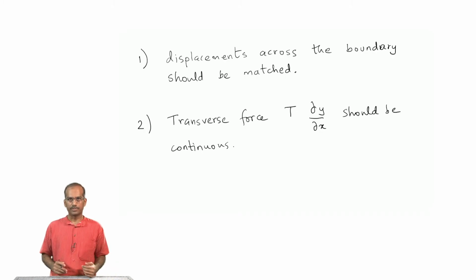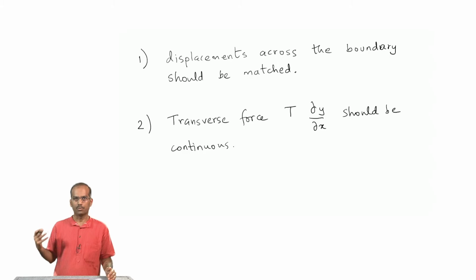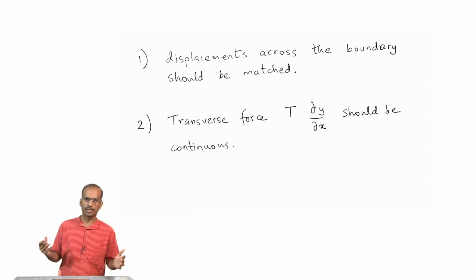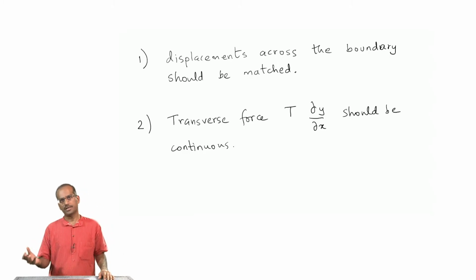At the boundary we said that there has to be a matching of the displacements. In other words, the displacements to the left side and to the right side of the boundary at x equal to 0 should be precisely matched. In other words, the displacements must be continuous. Again, you can see why it has to be so, purely from physical considerations.